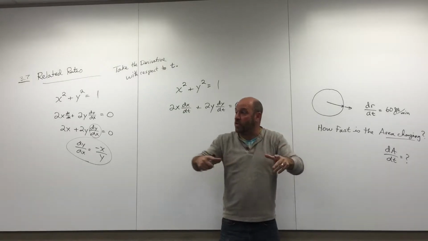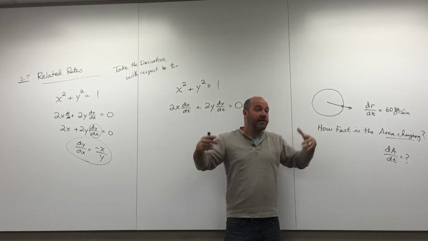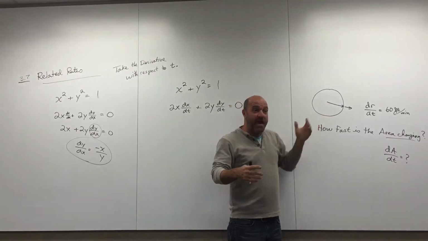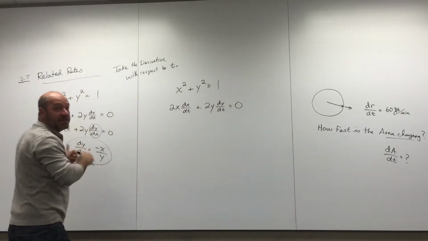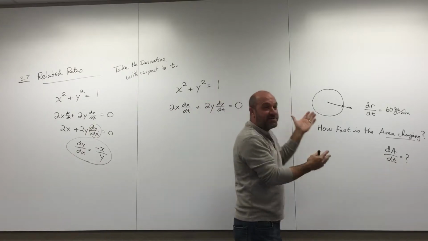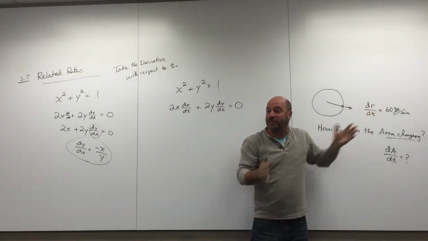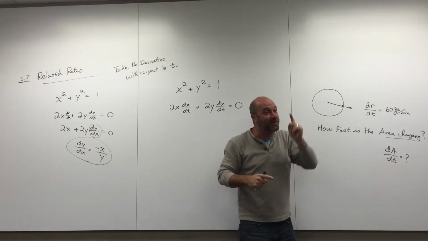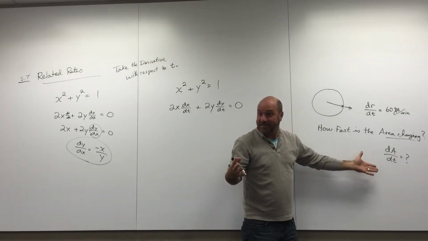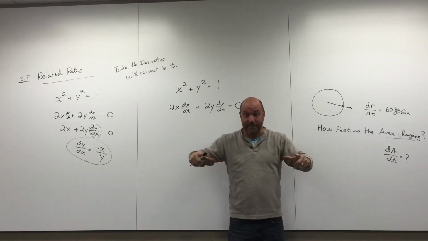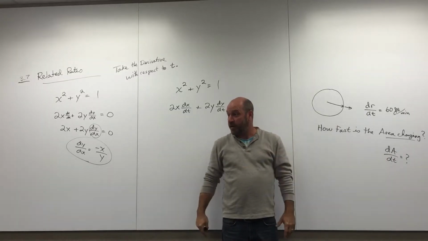So the radius is growing. Of course, if the radius is growing, the area is growing. That's why this section is titled Related Rates. What's going on in this problem is there's a rate of change of the radius, and that's related to the rate of change of the area. It does make sense.